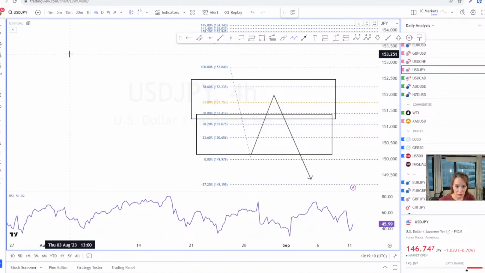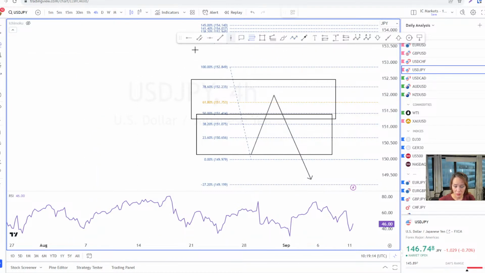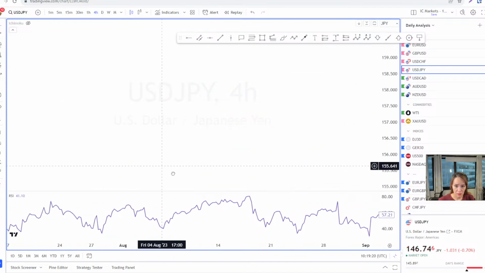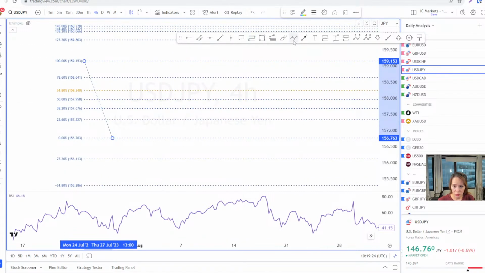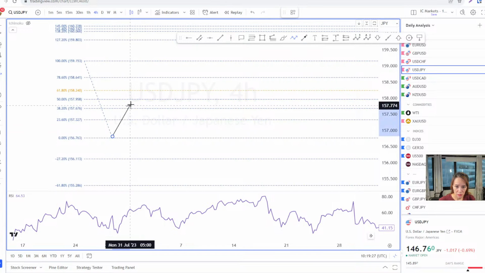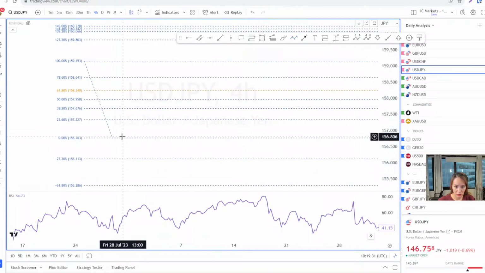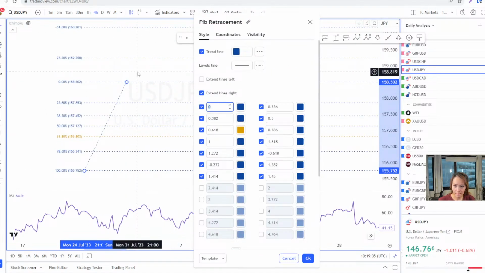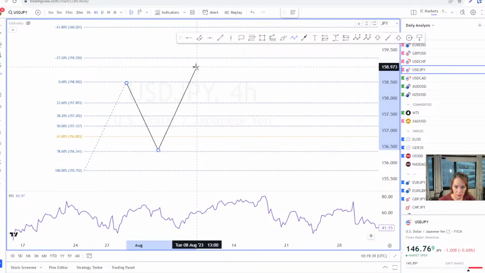What about uptrend? Uptrend is always like that. Like uptrend, 100 is always on top. Because you wait for the price to retrace somewhere here, and then you... no, sorry, wrong one. Uptrend is like that. Either you wait for price to pull back and then you buy.